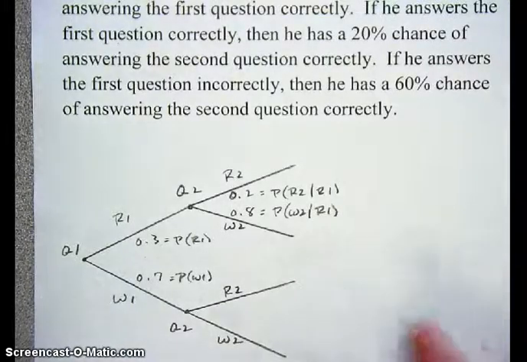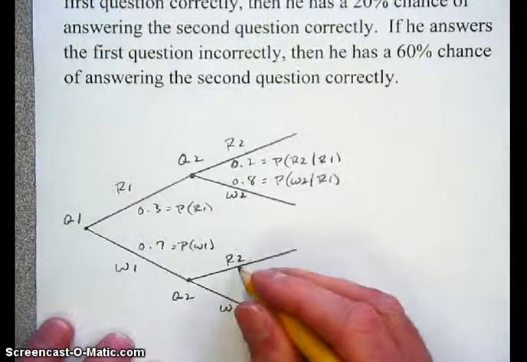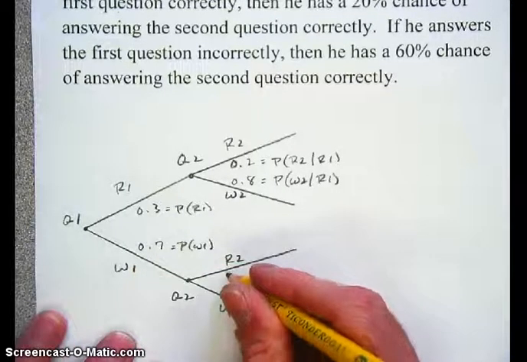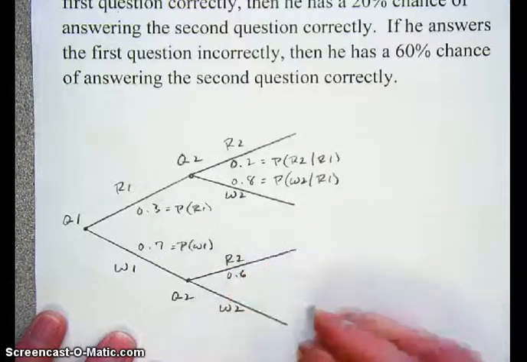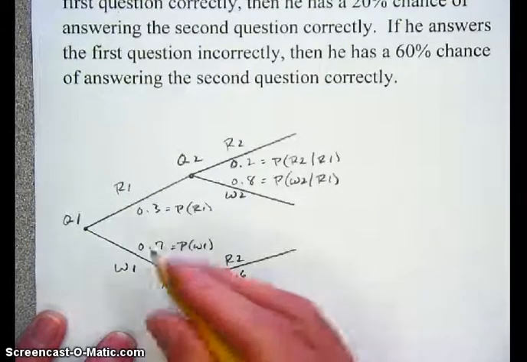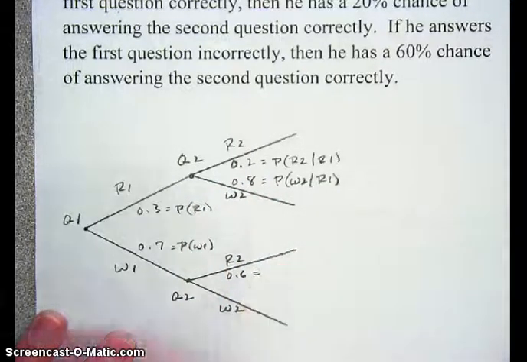Down here we're going to have some probabilities. The probability of getting the second question right if the first question was answered incorrectly is going to be 0.6. I guess the people who run the game show don't want too many people going away unhappy, so they want them to at least have a chance of success on some question. This is a conditional probability.